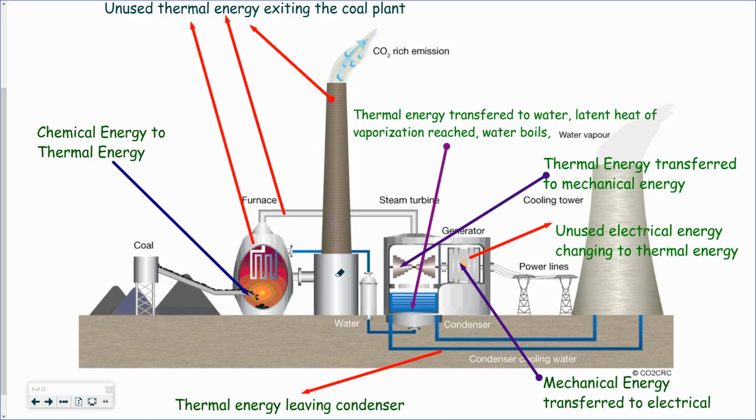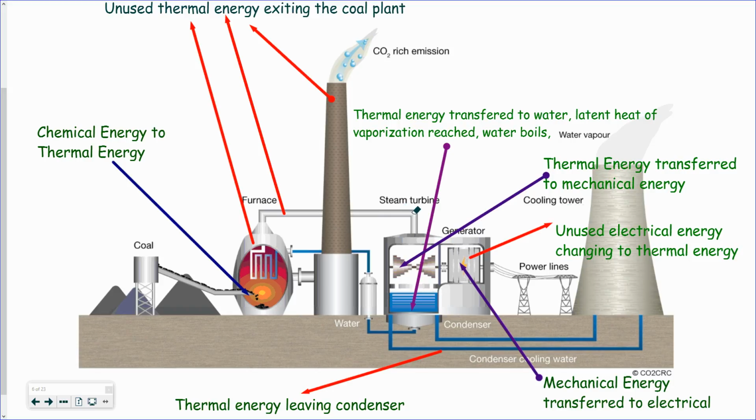Also, you have the byproducts of burning coal, carbon dioxide, a greenhouse gas, and water, another greenhouse gas, even though not as predominant as carbon dioxide. And those substances also exit into the atmosphere or surroundings.